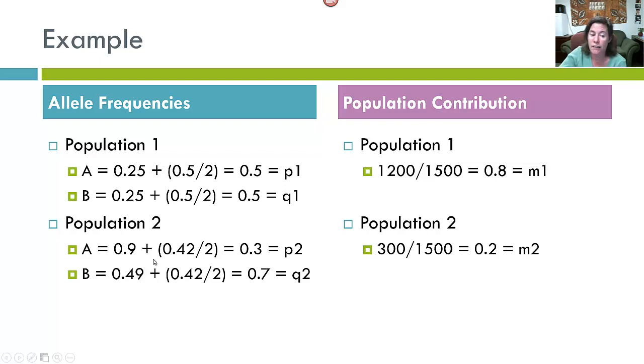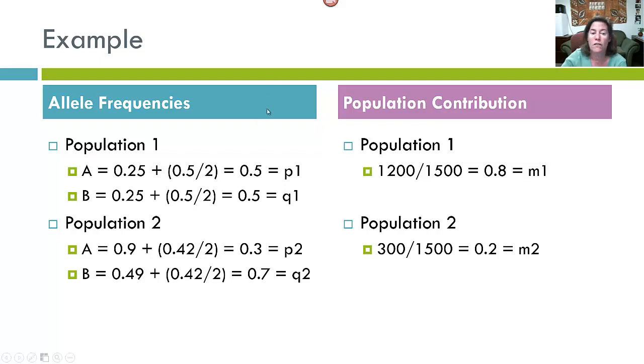We divide that in half because it has both alleles, and we get the frequency of the dominant allele is 0.3. The frequency of the recessive allele is 0.49, the frequency of the homozygous recessive, plus 1/2 of the frequency of the heterozygous genotype, which equals 0.7.